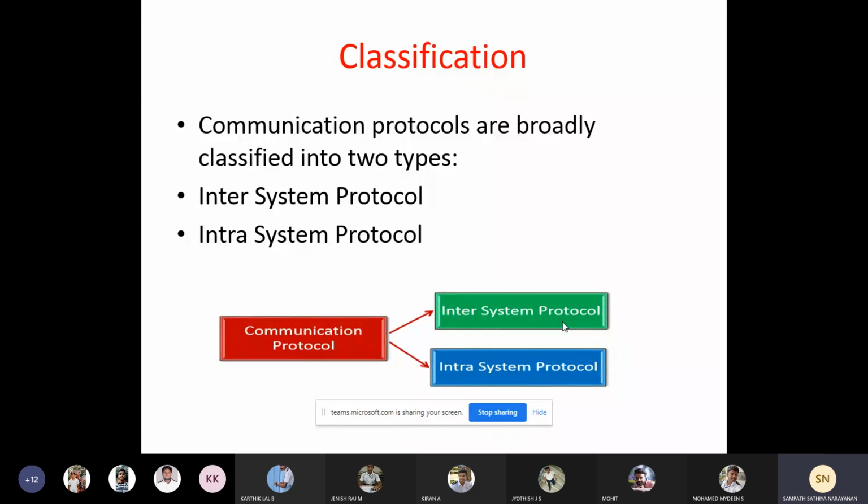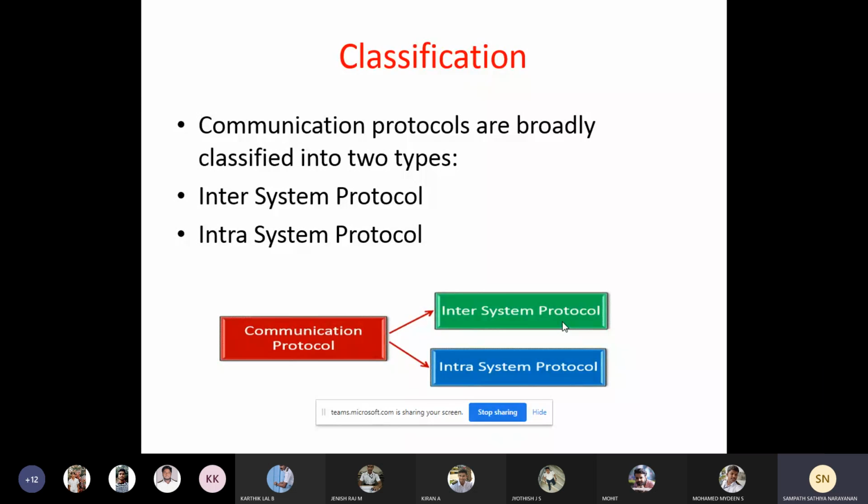Then it is called inter-system. What is intra-system is when you have a board, when you have devices which are very close to each other, and if they want to communicate, then it is called intra-system.